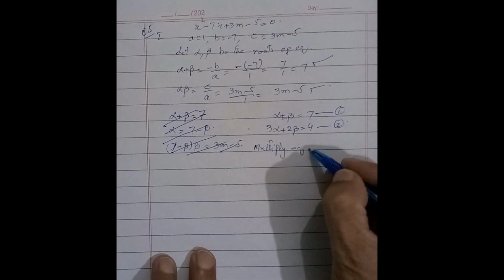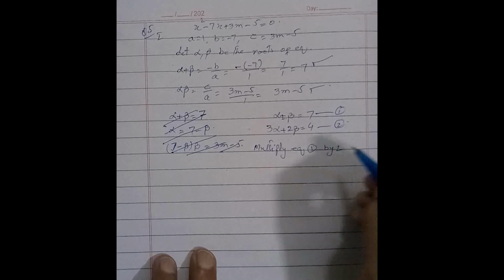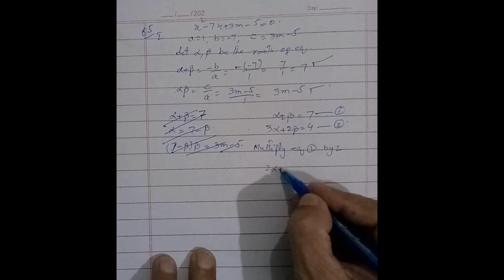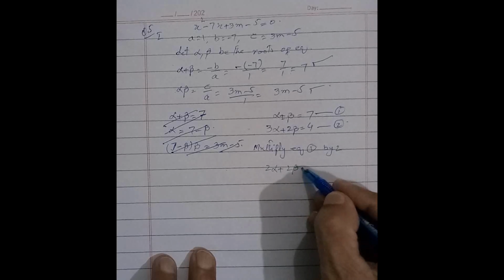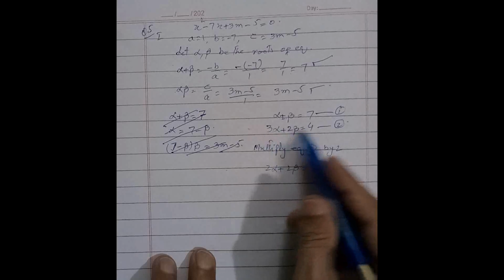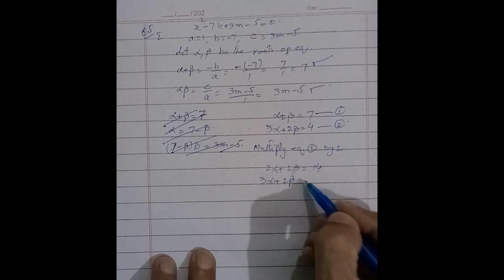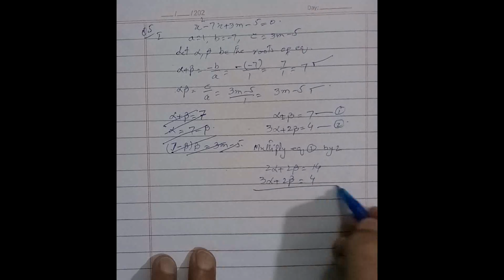Multiplying equation 1 by 2, we get 2 alpha plus 2 beta is equal to 14, and equation 2 when multiplied with 1, we get 3 alpha plus 2 beta is equal to 4.